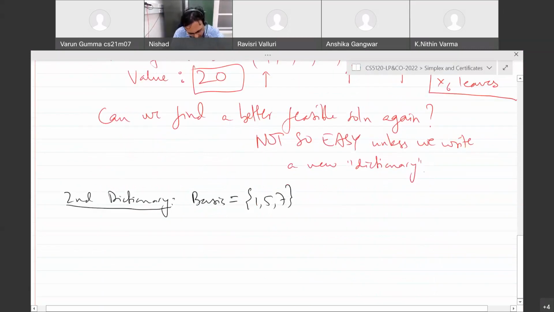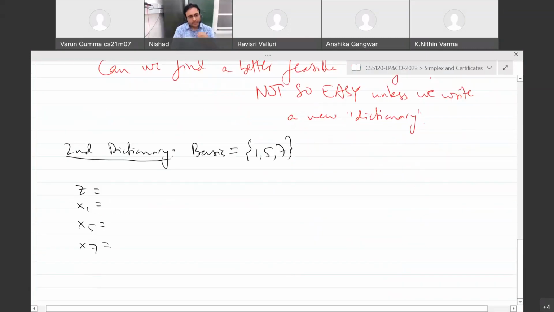That means that we want to write the objective function and these three variables, x1, x5, and x7, in terms of the other 4 variables: x2, x3, x4, and x6. Right? So we want to write everything in terms of those.